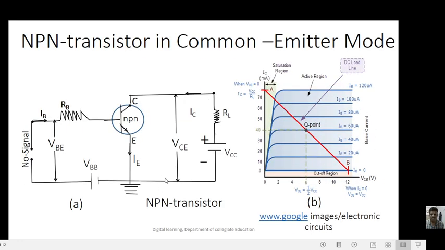That is, VCE is equal to VCC minus IC RL. That means the voltage developed across RL is given by IC RL.